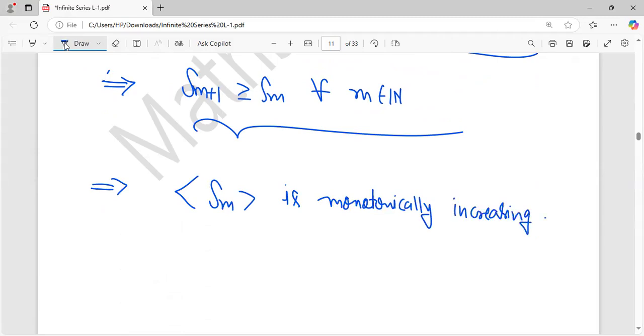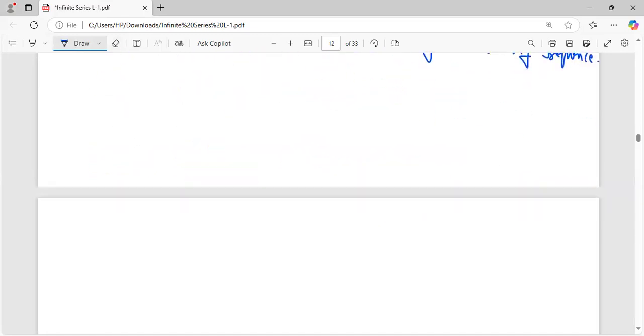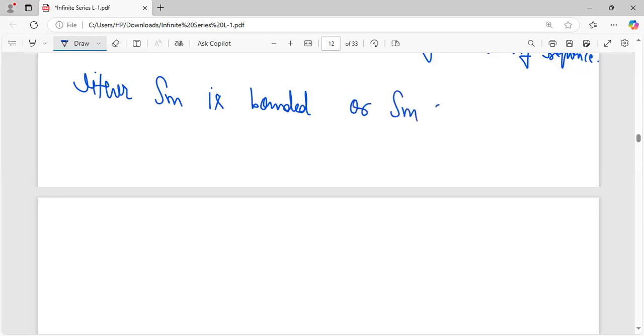Okay, this monotonically increasing sequence. So either Sm is bounded above, or Sm is unbounded.